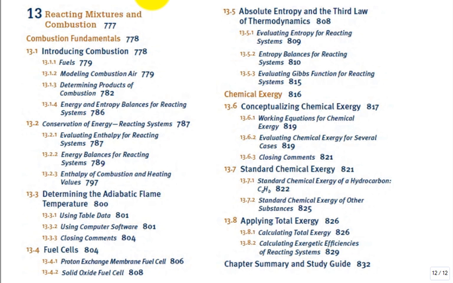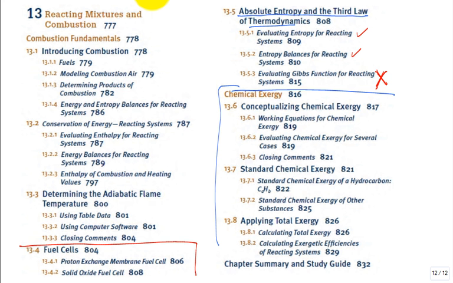There's a lot of this chapter that we're not covering. The chemical exergy is not being covered. So a lot of that is gone. But we did cover the absolute entropy in the third law of thermodynamics. That's all good. For reacting systems, entropy and entropy balances. We did not do evaluating Gibbs function for reacting systems. No Gibbs function for reacting systems. All right. What about fuel cells? I just wish there was more time to cover all these topics.